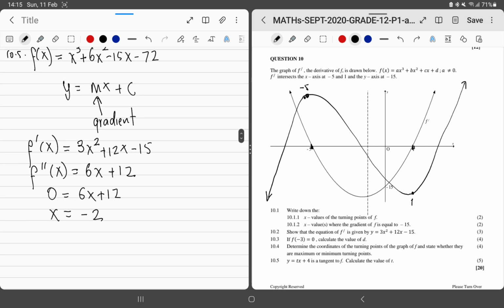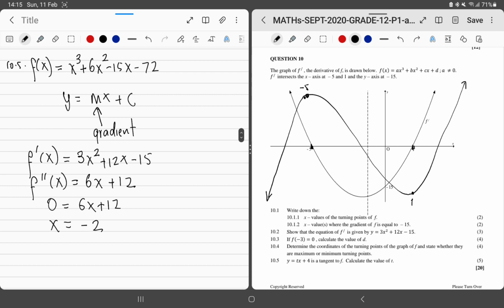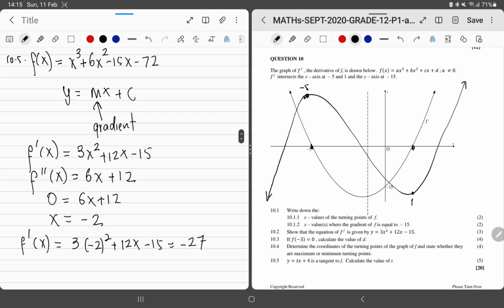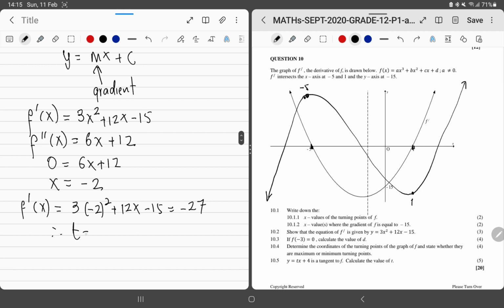And then now I'm just going to substitute this, because I want to know what the gradient is when x is equal to -2. So this gives me -27. The value of t should be equal to -27.